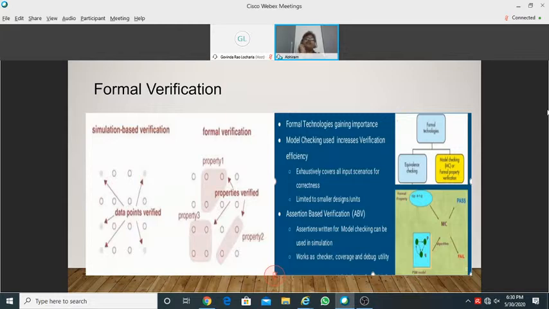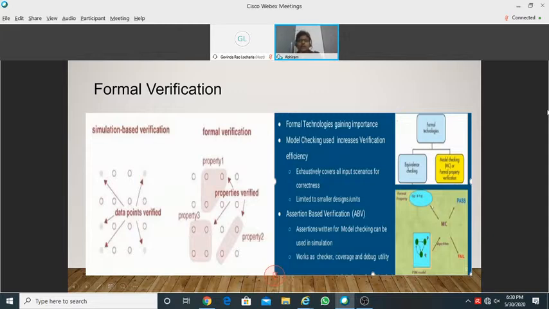And also the person who is writing the properties has to be in very close sync with the design architect to get the proper properties to cover the maximum data points, so that your design can be verified.